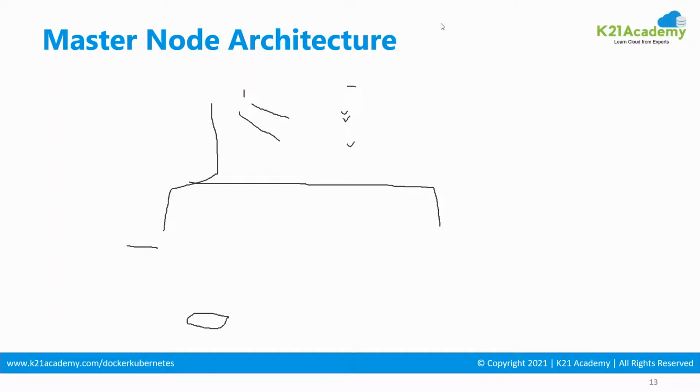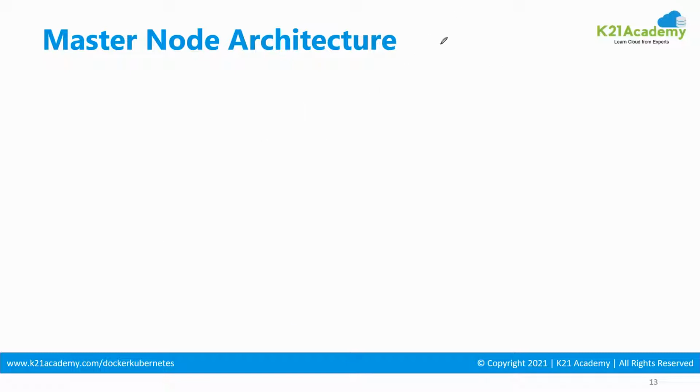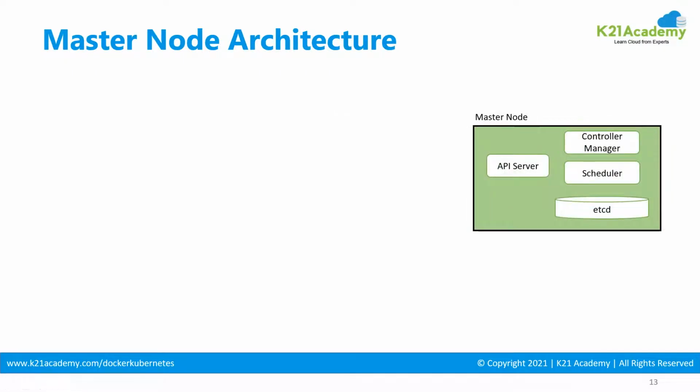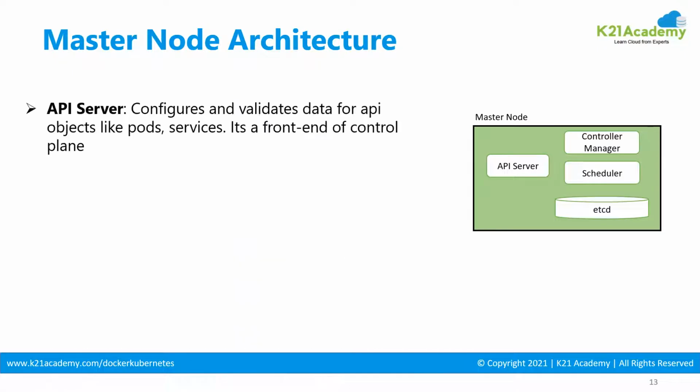Okay, so let me delete this. So what are the components of the master node? Just now we have seen, but let me run through this presentation very quickly, guys. We have seen the API server.